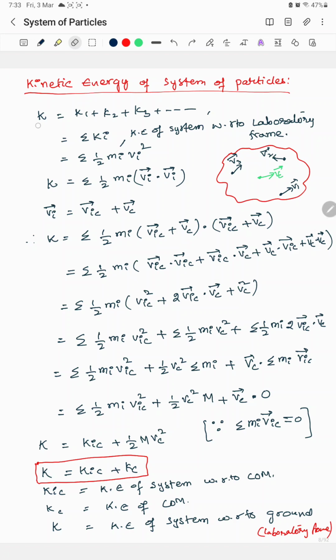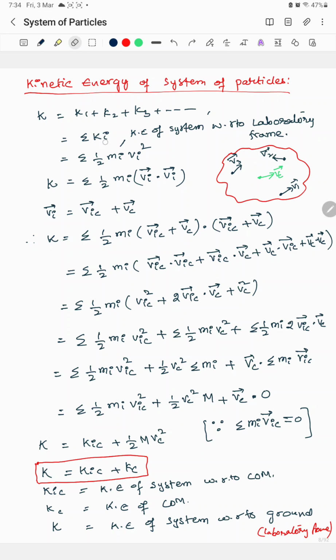Right, here the total kinetic energy of the system is equal to K1 plus K2 plus K3 and so on. This can be written as summation Ki, the kinetic energy of the system with respect to the laboratory frame. These velocities and masses are all with respect to the laboratory frame, and Vc is the velocity of the center of mass with respect to the laboratory frame.